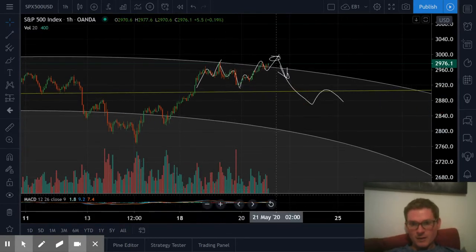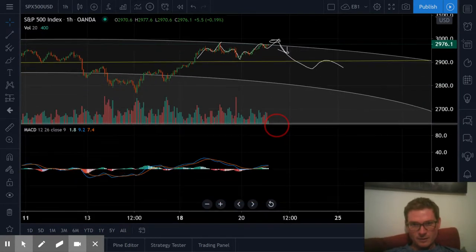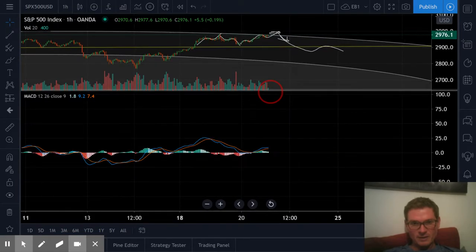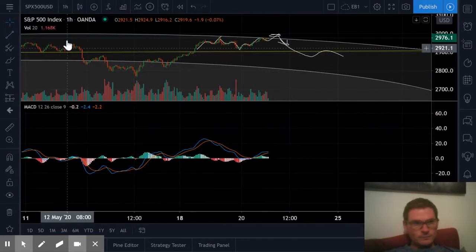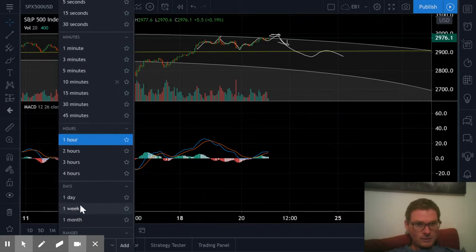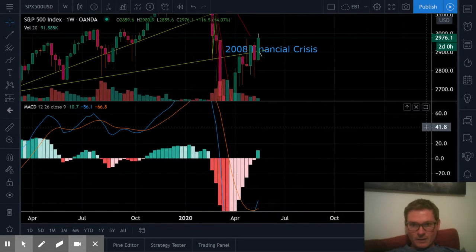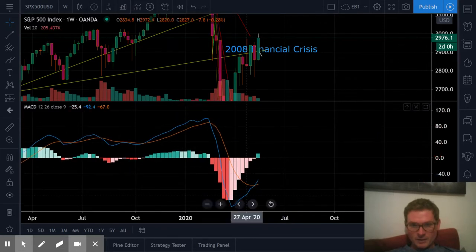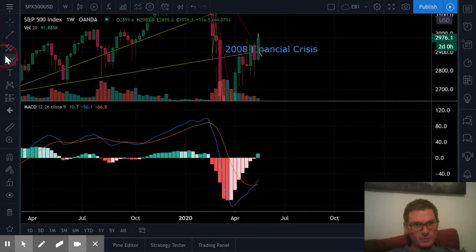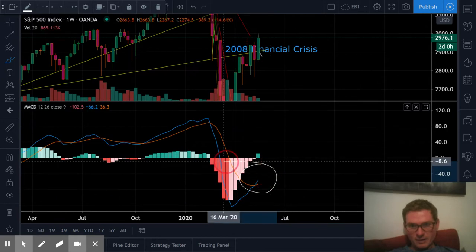Oh, and I can do the MACD cyclicals and see where it looks like we are on the MACD. So if we go out to weeklies, we are in bear territory, but it's trying to pull up and get less bearish here.